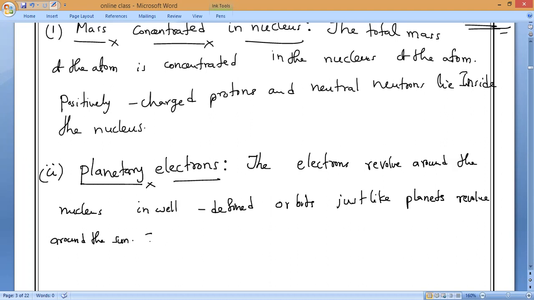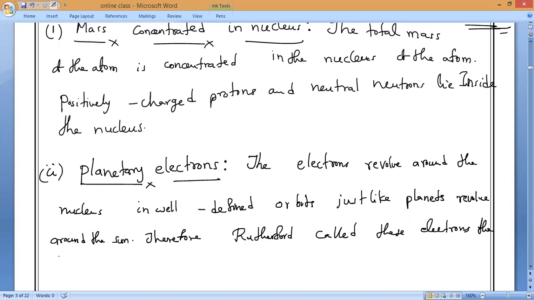Therefore, Rutherford called these electrons the planetary electrons.